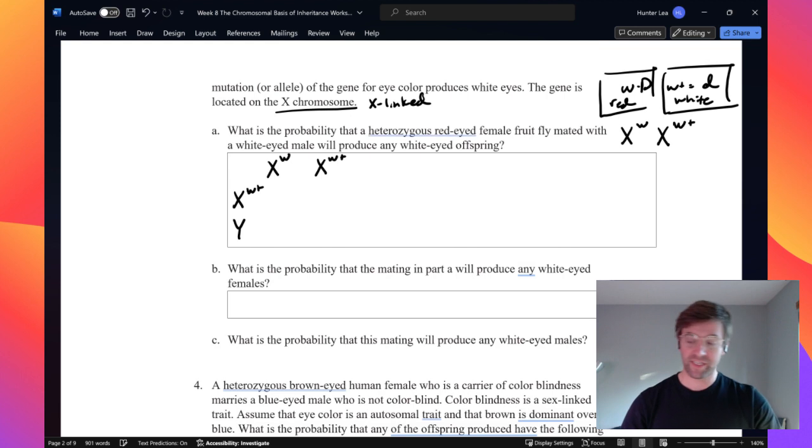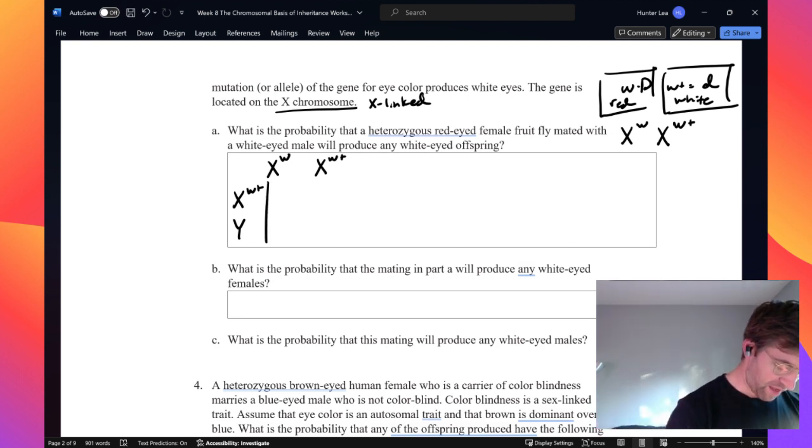Because this gene is linked to the X chromosome and males only have one of them, that gene will be expressed, right? That genotype will be expressed into that phenotype, and then we can make our cross.